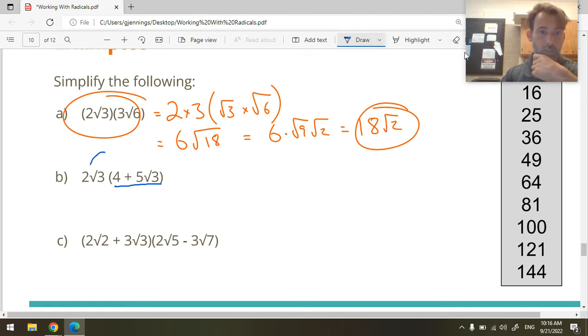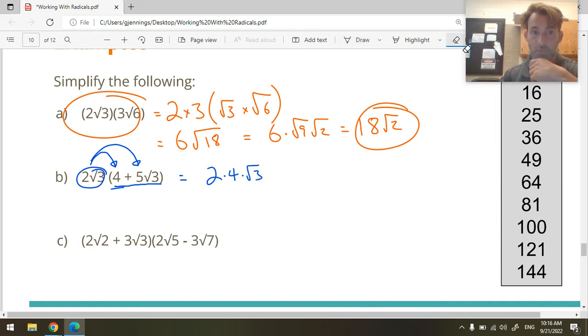When we're doing this, we just use the distributive property here and here. So this is equal to 2 times 4 times root 3, that's this times this. Then we're going to evaluate that, plus 2 times 5 times root 3 times root 3.